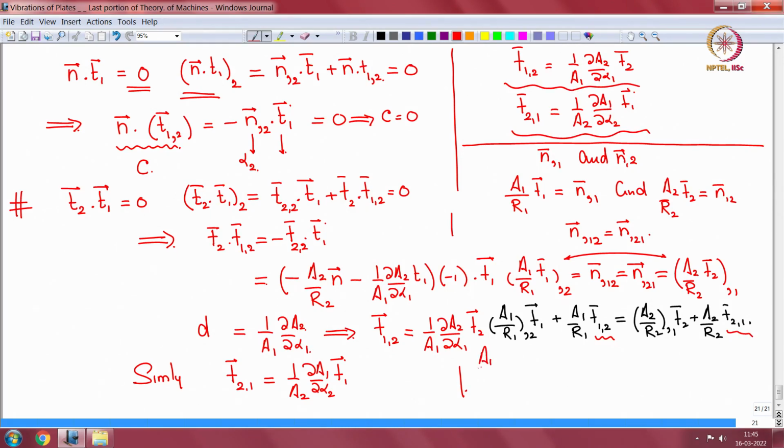We get A1 by R1 comma 2 T1 plus A1 by R1 T1 comma 2, which is 1 over A1 del A2 by del alpha 1 T2, is equal to A2 by R2 comma 1 T2 plus A2 by R2 1 by A2 del A1 by del alpha 2 T1 bar.